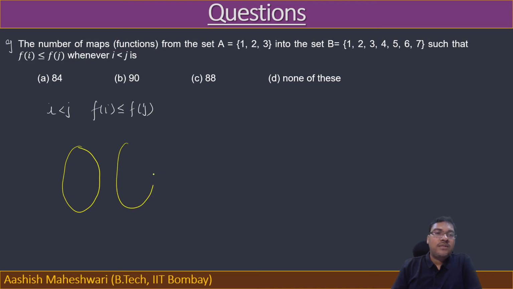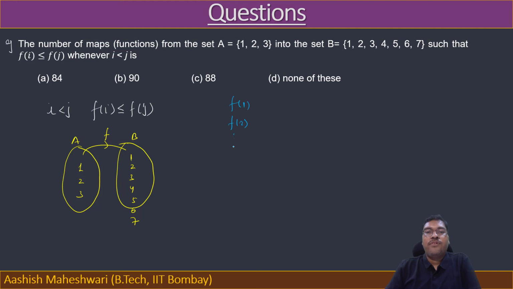So the question here is, you have to define the function f from set A to B, where A has elements 1, 2, 3, and B has elements 1, 2, 3, 4, 5, 6 and 7. Now the condition is, if I take f(1), f(2) and f(3), for x equal to 1, 2, 3, then f(1) should be less than or equal to f(2), and this should also be less than or equal to f(3).